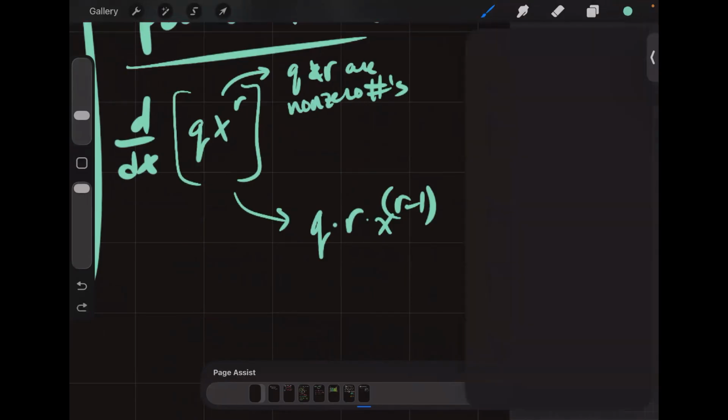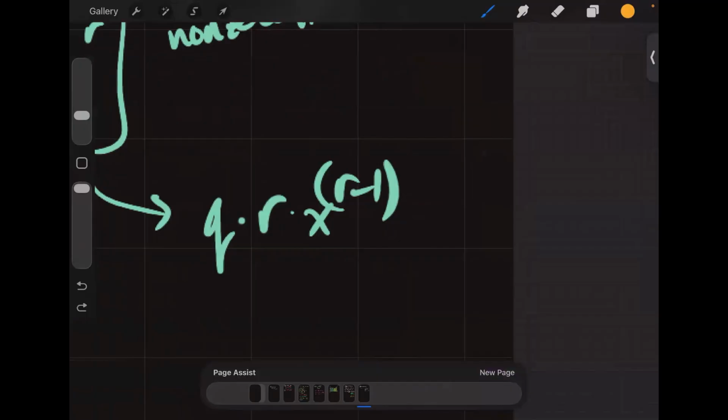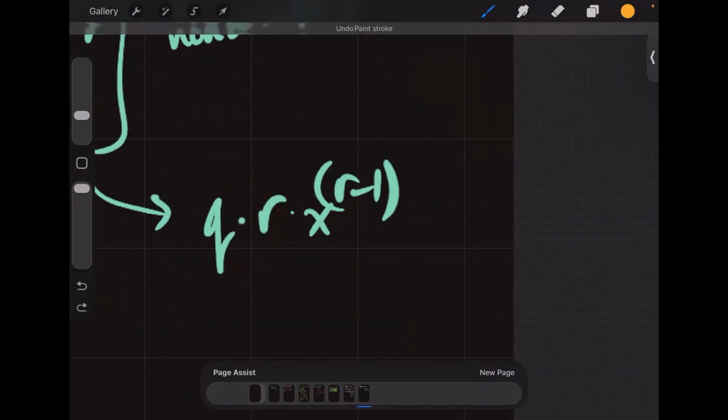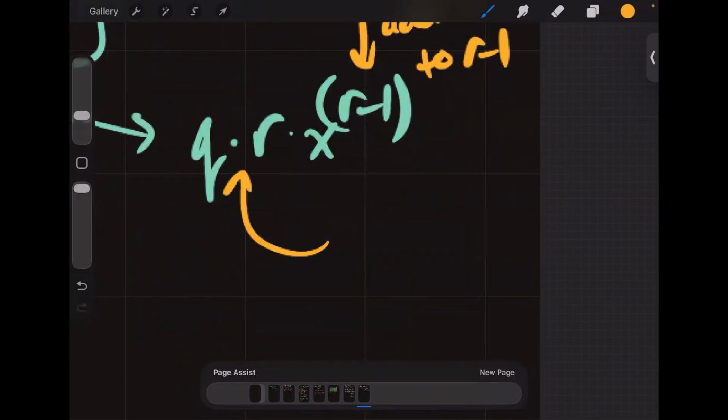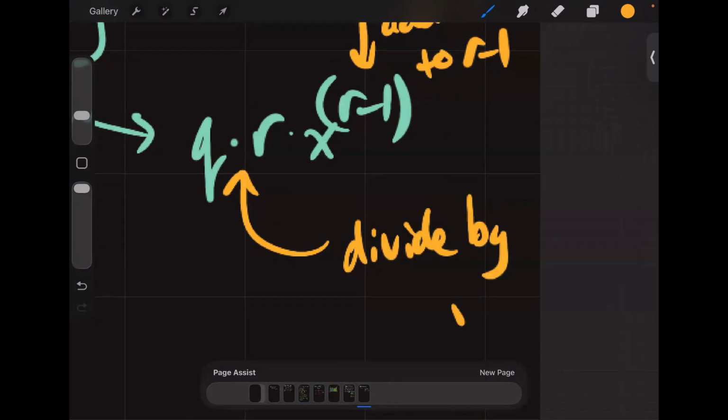Well, the first thing you know for sure when you're looking at this is you know what r minus 1 is. If you know what r minus 1 is, you know what r is, right? So to undo it, you add 1 to r minus 1, and then divide by r, because you know what it is now.